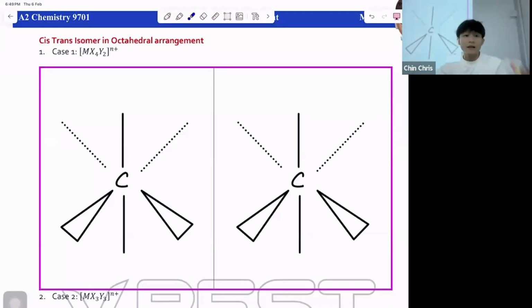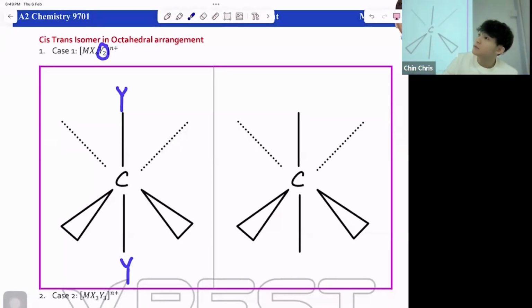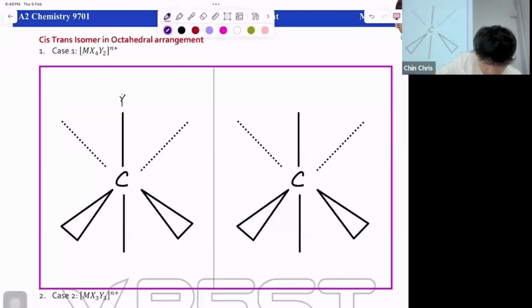So guys, what you need to do is just put 2 of the Y in 180 degree. Where you want to put it? I can put it here, or here, or also here. Up to you. Alright, so I'm gonna put it in this region, which is the easiest to be identified. Can see that?